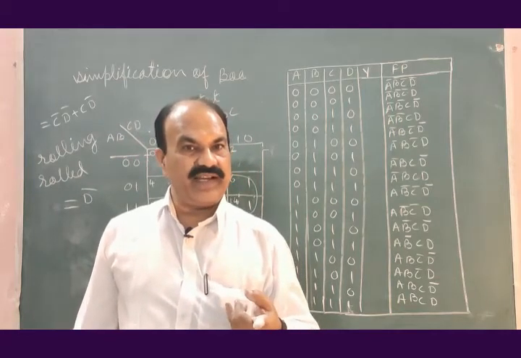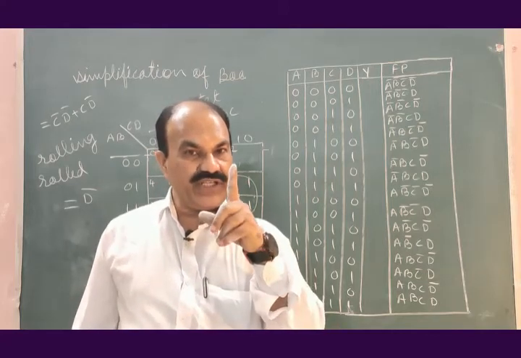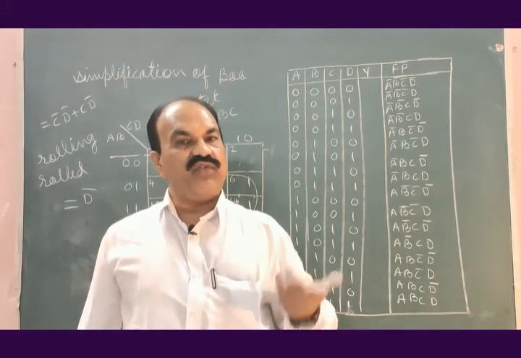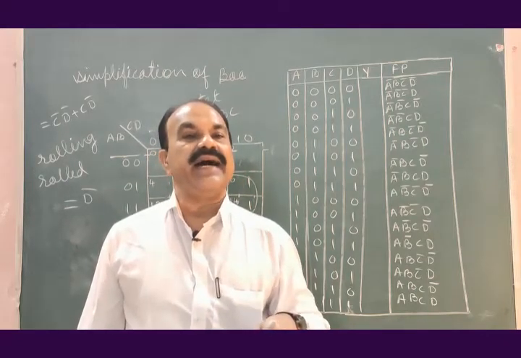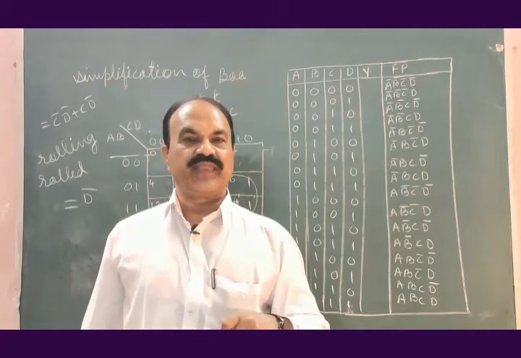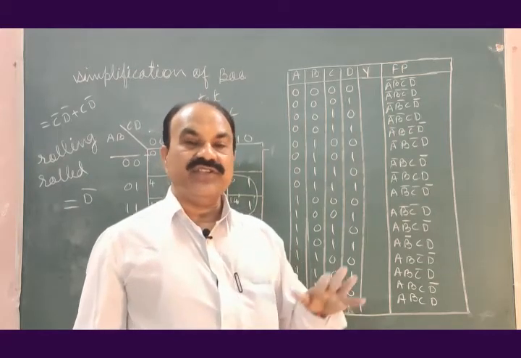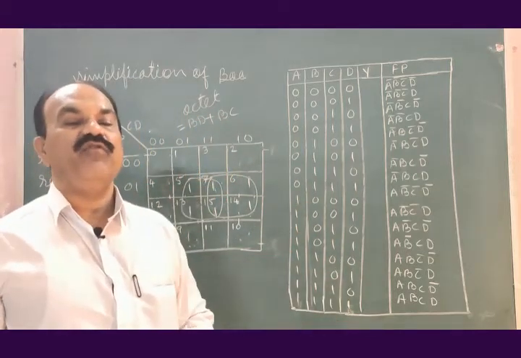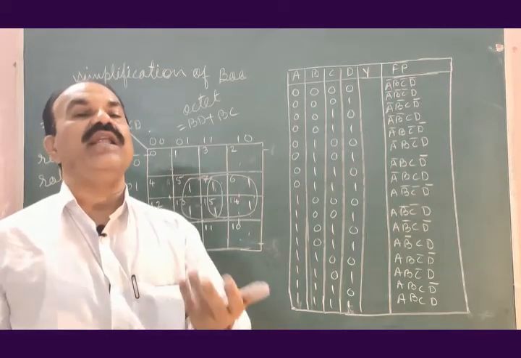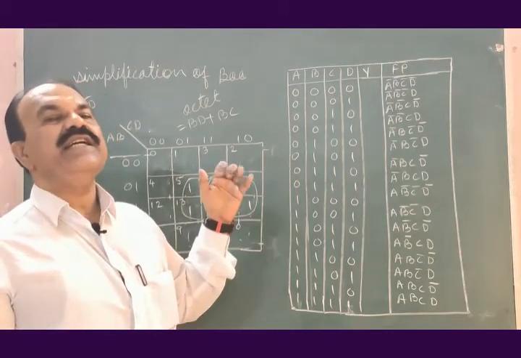And how to simplify? Go for octet first, then try to see the quad, then try to see the pair. If these are not formed easily, then try rolling of the map, try overlapping of the group, so that the Boolean expression obtained after simplifying by the K-map will be the simplest possible, which will need very small hardware, very few logical gates for its implementation.